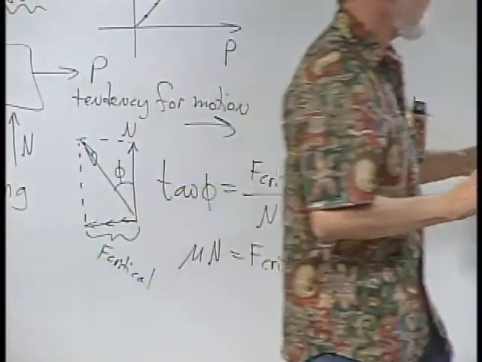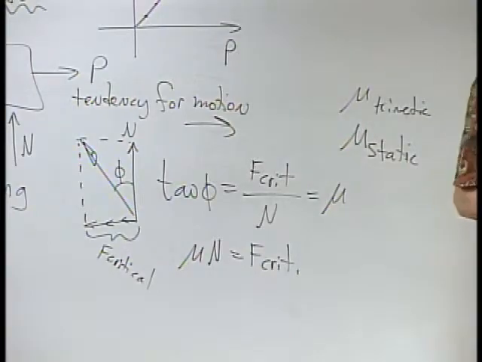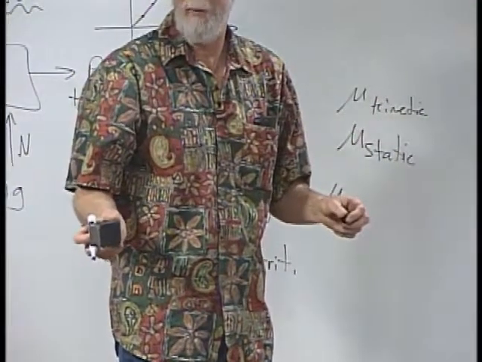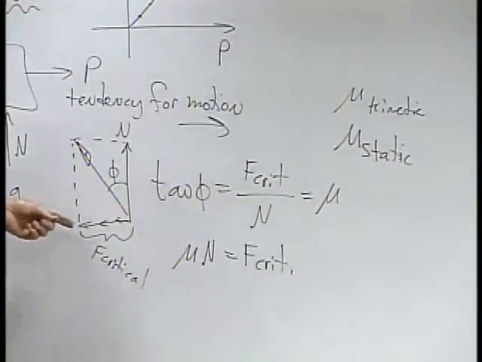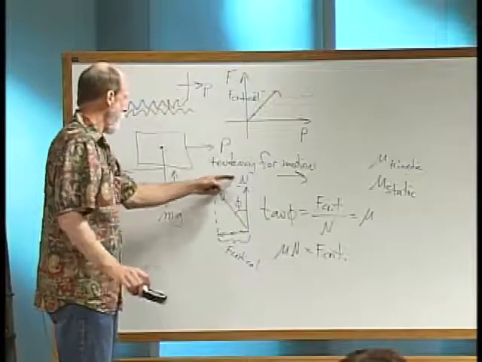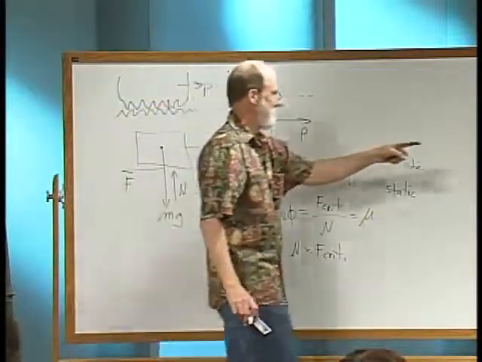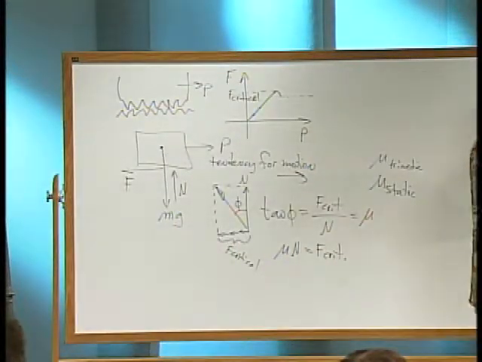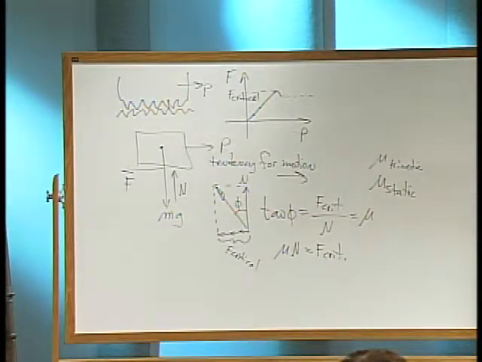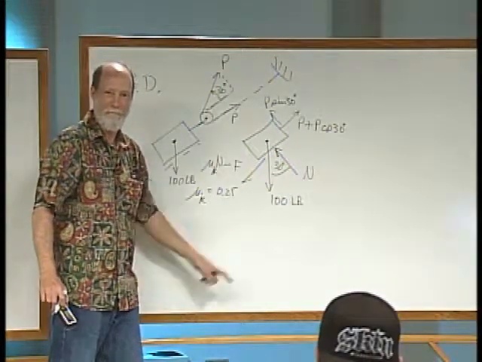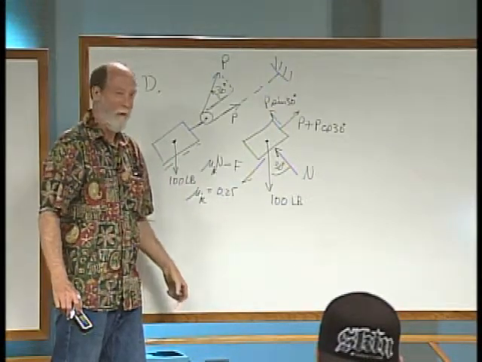Is there any particular reason to use the normal, N, rather than mg? Yeah, because sometimes it's not mg. John's question was, is there a particular reason why we don't use mg right here for the normal? Example, look at this problem right here. When we sum our forces in this direction, that normal force is not going to be equal to mg, for two reasons.